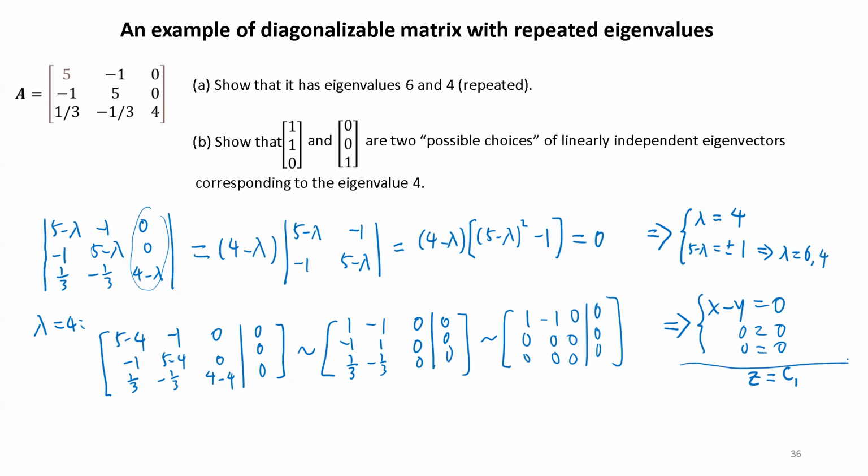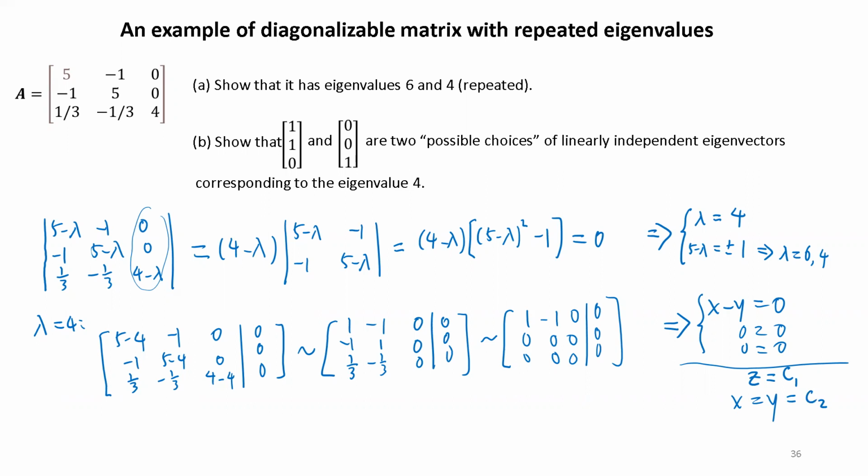But x equals y, and they can be anything, as long as they are equal. So I'll just call x equals y equals another free parameter C2.